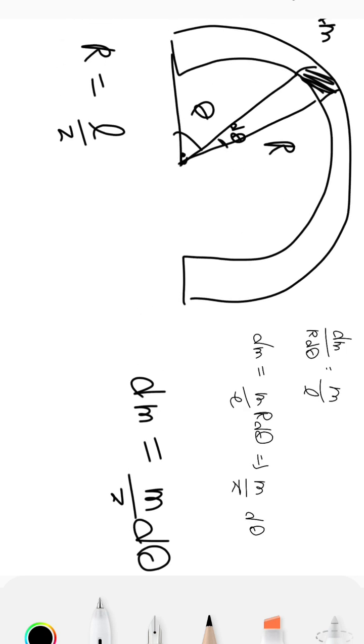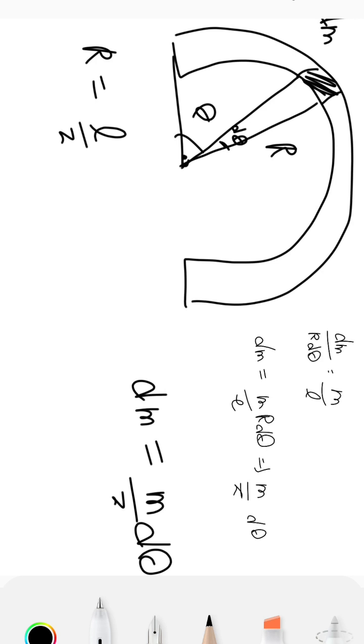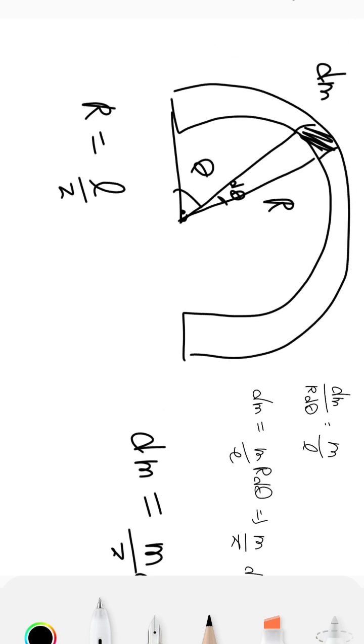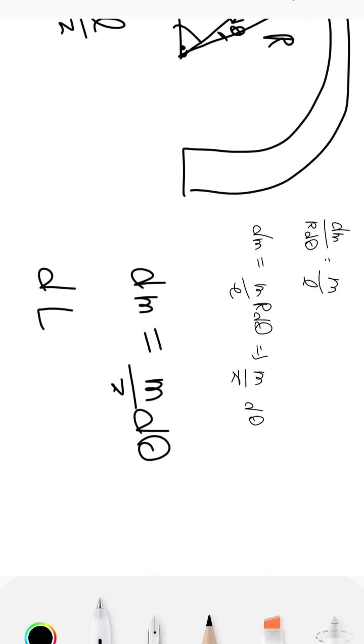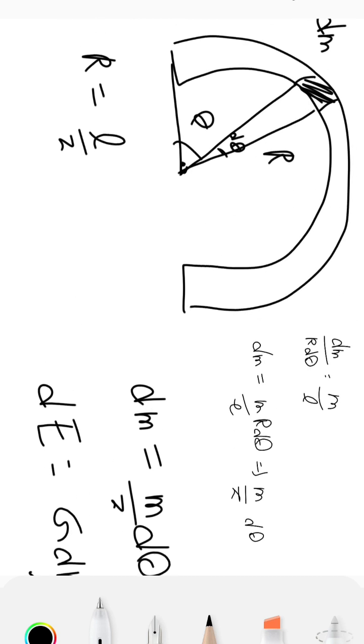Now if you try to find the gravitational field due to mass dm at point O, you can write dE is equal to G dm by r square. Now we know that r is equal to l by pi.